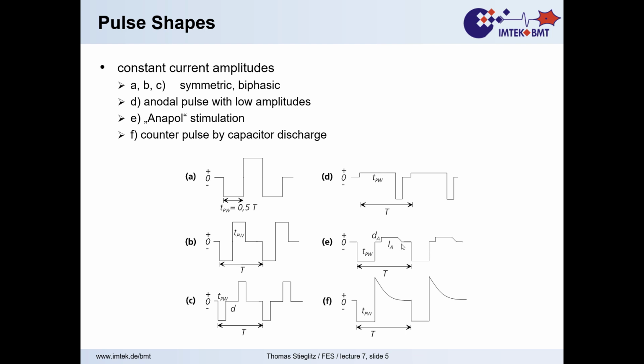This is shown as a straight line here, since all of these pulses are made with a digital control. This here is a beautiful exponential decay, and this is done in analog circuitry where you have a capacitor that is charged first, and then the capacitor is discharged, and by that you get that exponential decay.